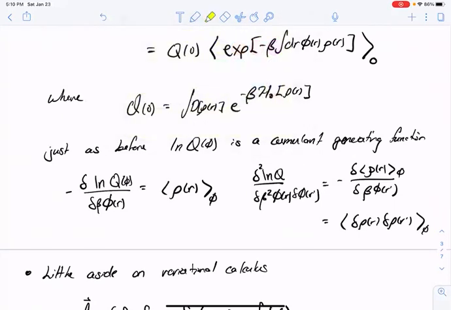This result here, that the way the average density changes with an applied field is going to be, in this case, beta times the correlations between the density, in this case evaluated in the absence of the field.